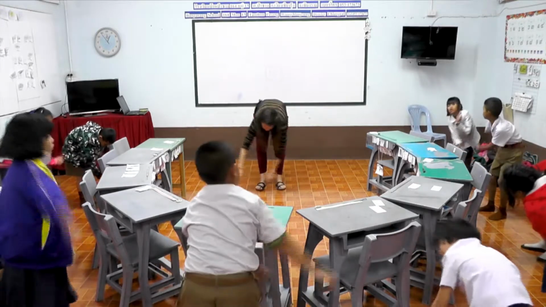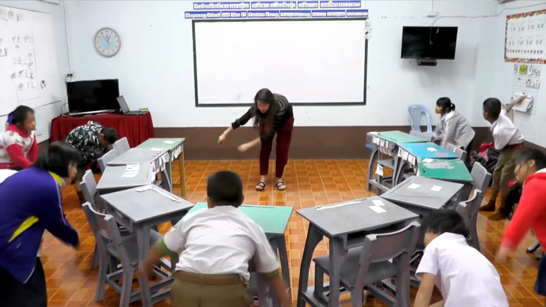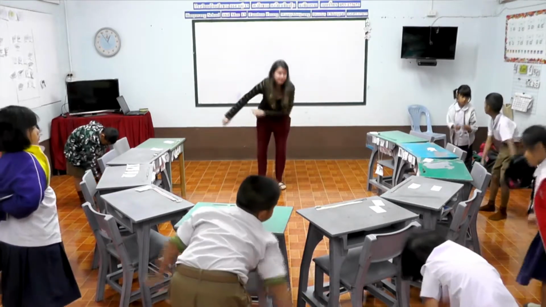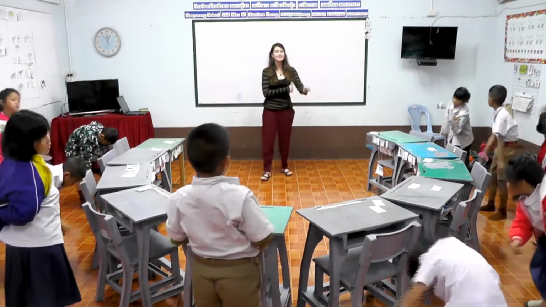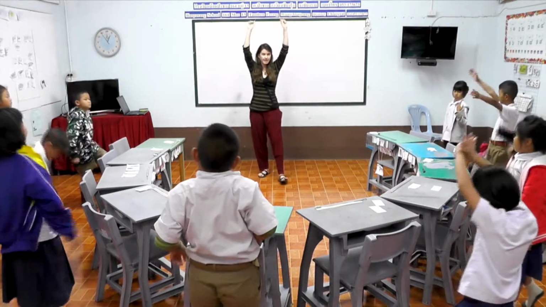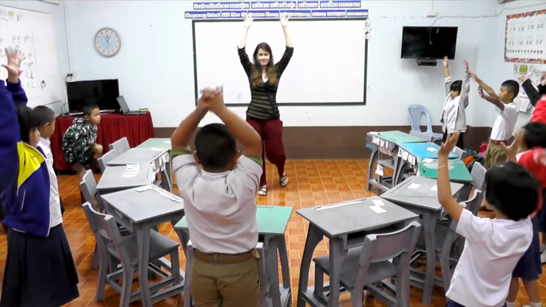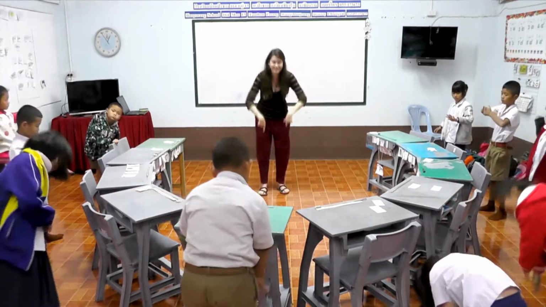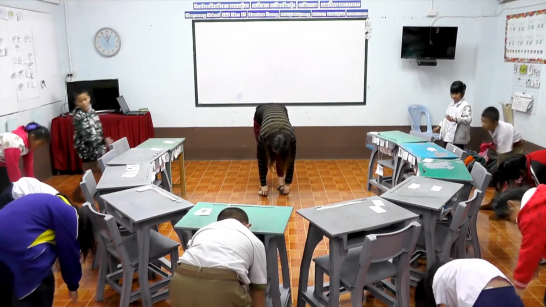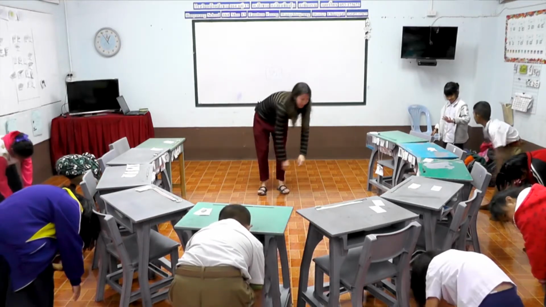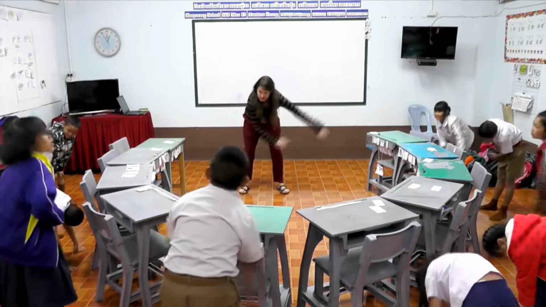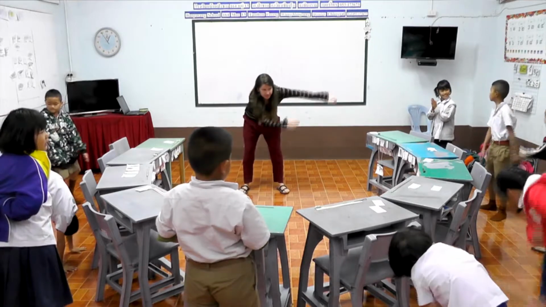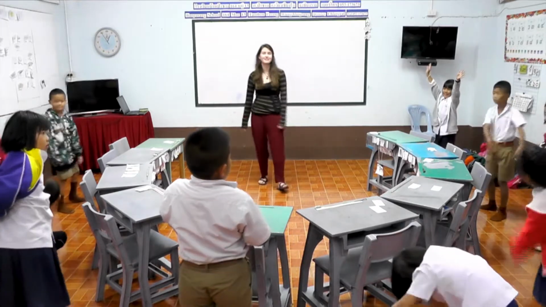Swing them around. Very good. Stand up nice and tall. Let's do it again. Put your arms up high and stretch out all your fingers. Put your arms in a T. Touch your toes. Come up halfway and swing your arms. Pretend they're very heavy. Good. And stand up nice and tall.